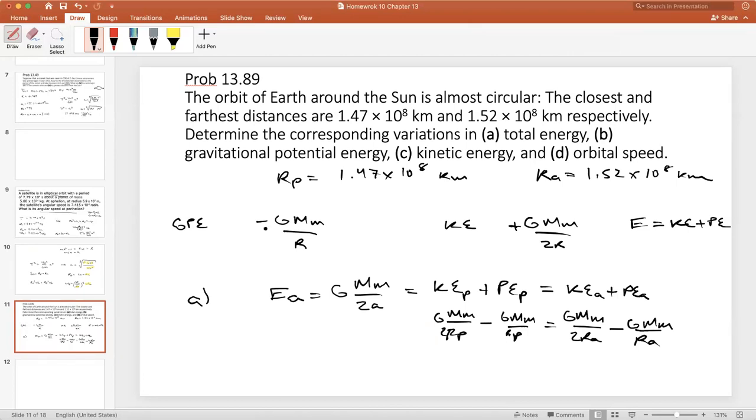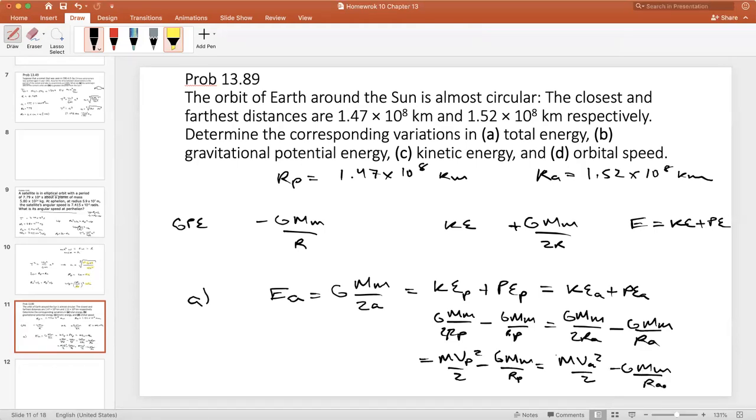In fact, maybe what would be better is to write this as m vP squared over 2 minus GMm over RP is equal to m vA squared over 2 minus GMm over RA.